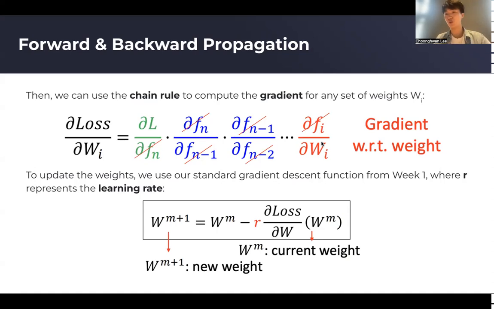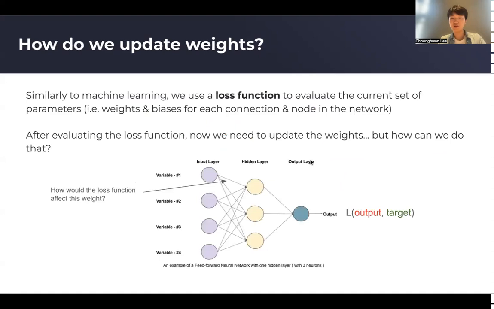And the reason why this works is because we might not know how this loss function directly affects the weights all the way here, but we do know how this loss function is going to be affected by making tiny changes in the parameters in our last hidden layer.